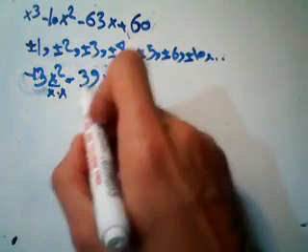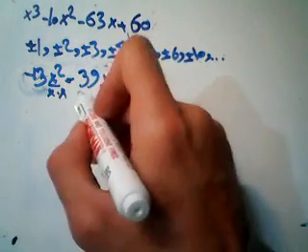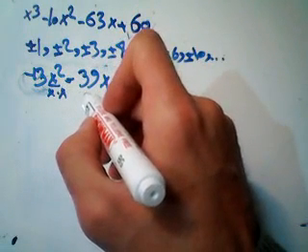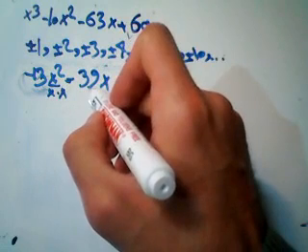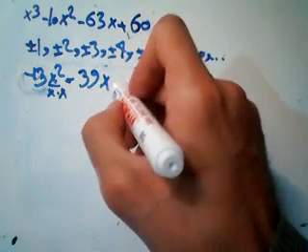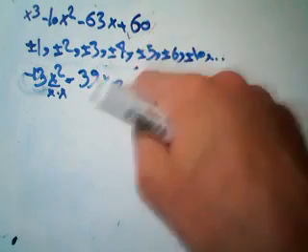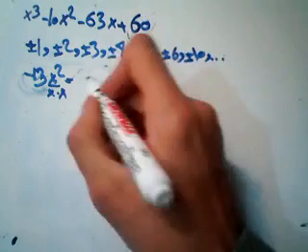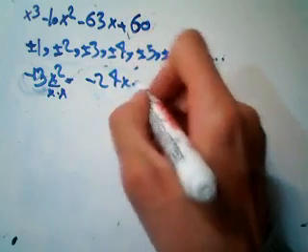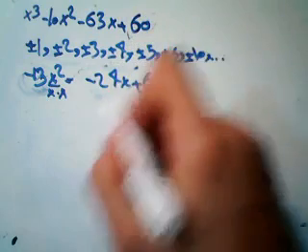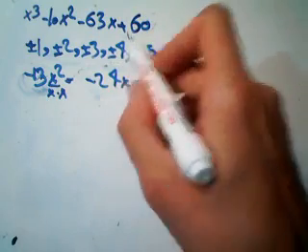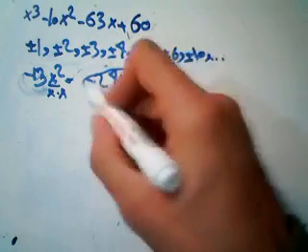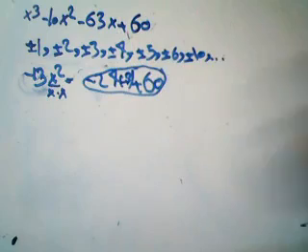Okay, 39x minus 63x would be minus 24x plus 60, and substituting minus 3 here, this is positive, not 0.